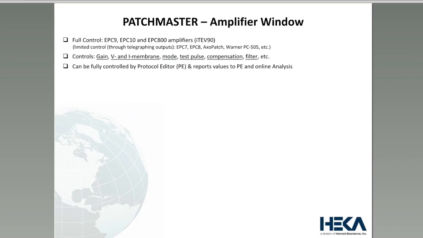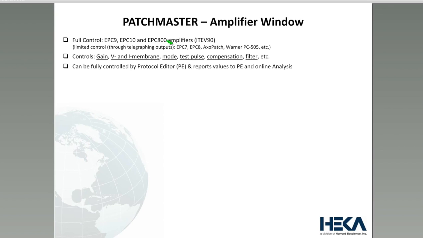Now, before we get into this, three things that I would like you to remember here. One thing is that the amplifiers that can be controlled by PATCHMASTER with the amplifier window are the EPC9 amplifiers, EPC10 line, as well as the EPC800 amplifiers, plus the ITEF90, which is the 2-electrode voltage clamp amplifier from HEKA.